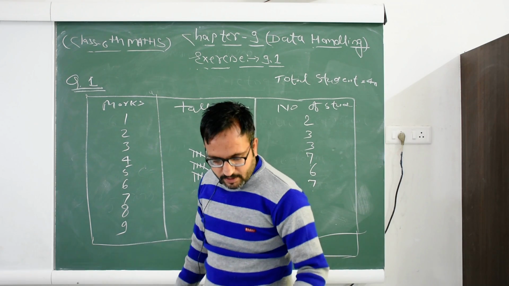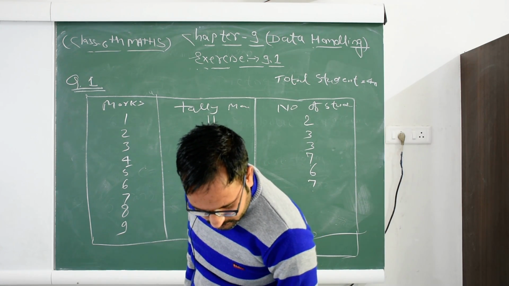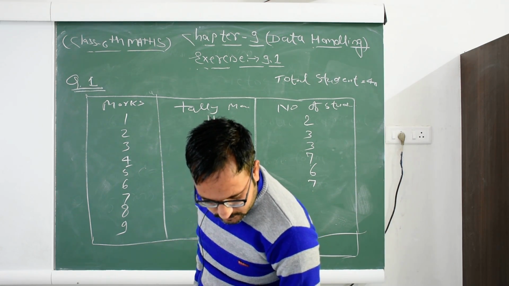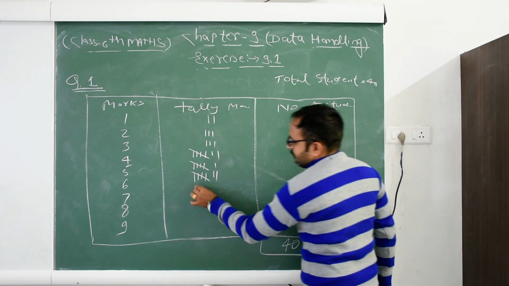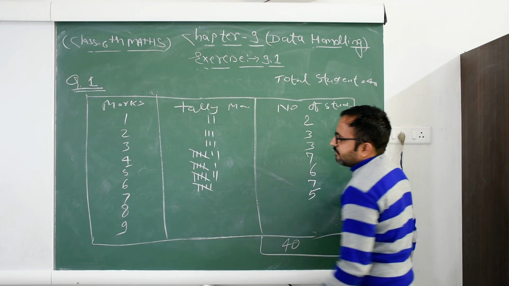Now number 7. 1, 2, 3, 4 and 5. How many students? 5. 1, 2, 3, 4 and 5.